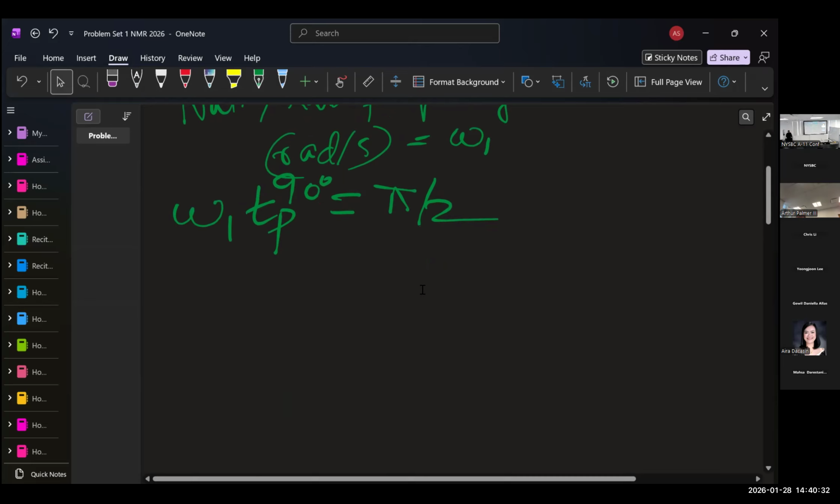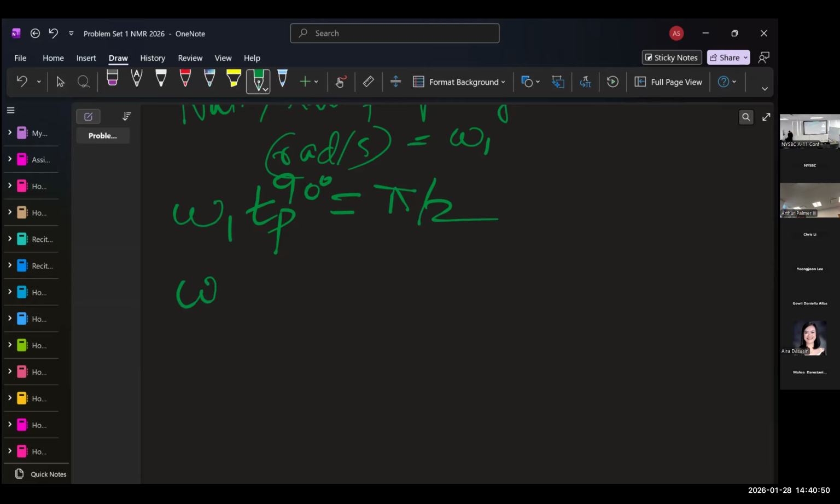So typically, we talk about offsets and RF strengths in kilohertz and not radians per second, which is what you do when you get on the instrument and you're trying to calibrate pulses in relation to lengths and so on. The easiest thing to do is to divide throughout this equation by 2 pi.